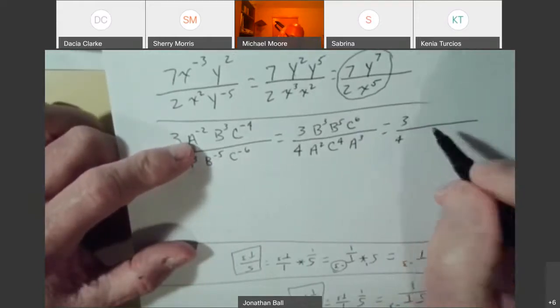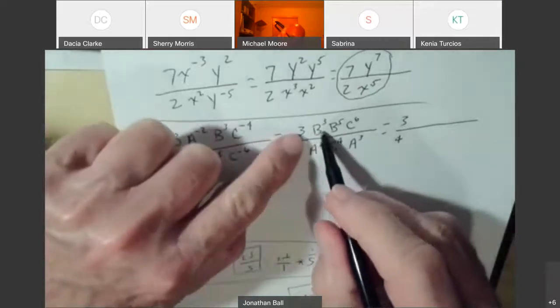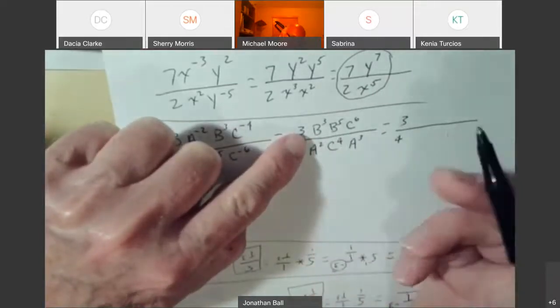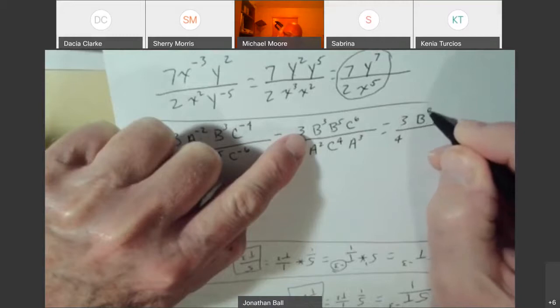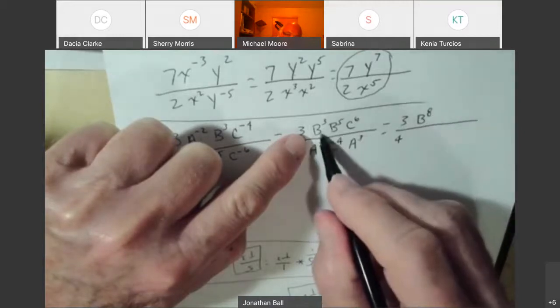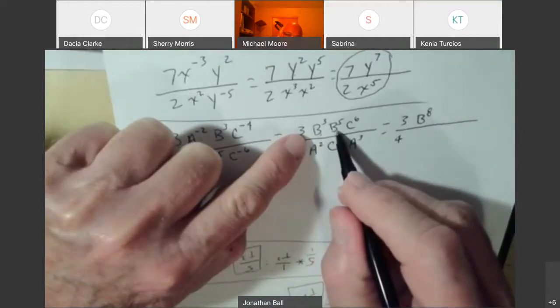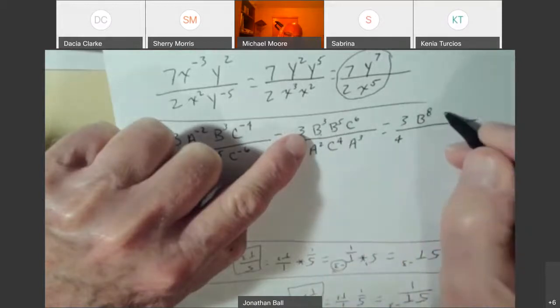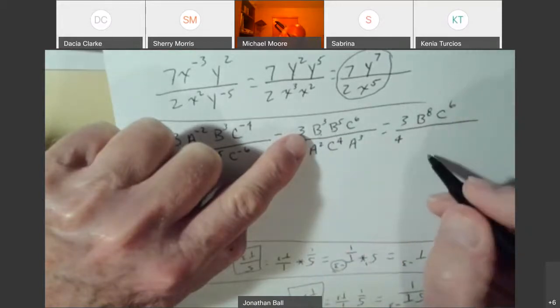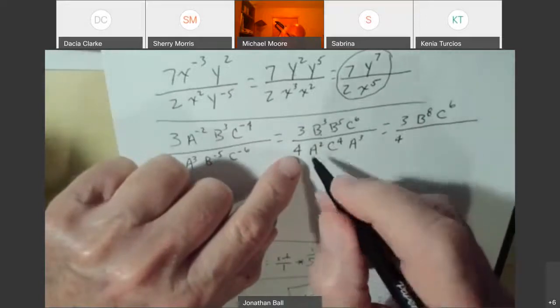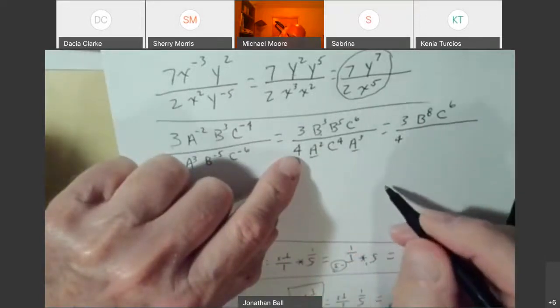Have 3 over 4. B cubed times b to the 5th is b to the 8th. Right, we have the product rule: when we have the same base number, add the exponents, and c to the 6th. Okay, now we have an a here and an a here.